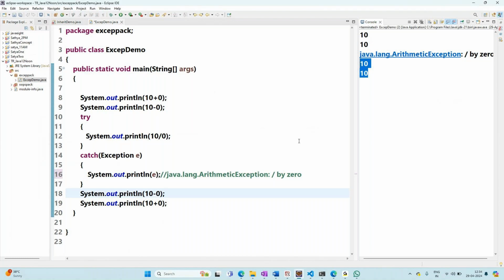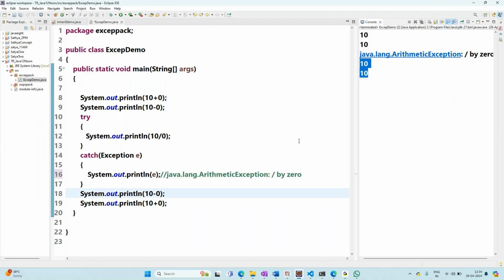You are getting complete information, along with the line number. So here you are getting line number 12, so in line number 12 you have the exception.